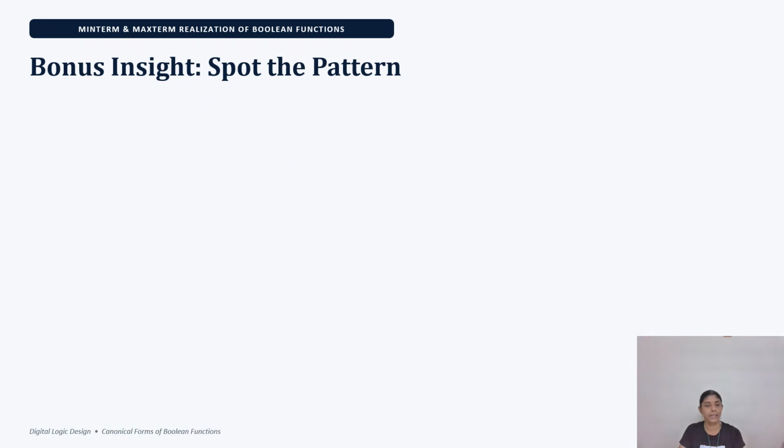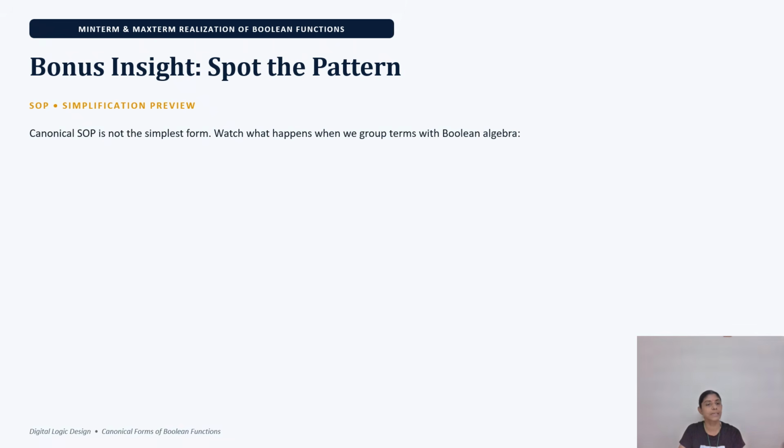So, a bonus thing: simplification of that SOP, right? See, canonical SOP is not the simplest form, meaning it has all the variables and many variables. So your aim is to get the simplest form. We will see how to do the simplest form. Check here.